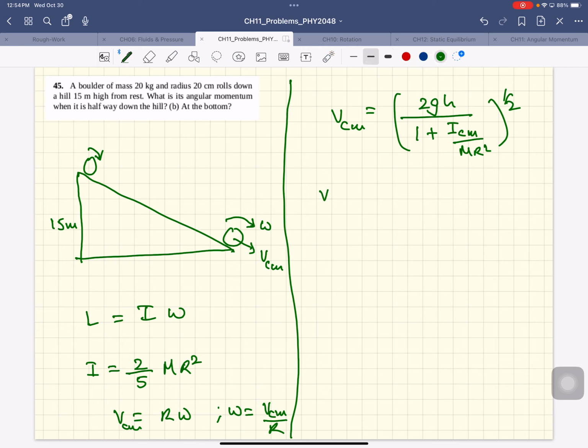The center of mass velocity is 2 times g, which is 9.8 meters per second squared, times the height, 15 meters, divided by 1 plus, the moment of inertia is 2/5 mr squared, and that divided by mr squared will give you 2/5, which is 0.4, all to the power half.